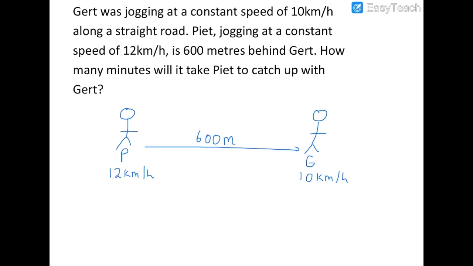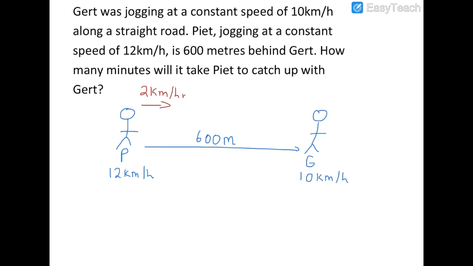Now, relative to Gert, Pete seems to be approaching Gert at a rate of 2 kilometers per hour. This makes our calculation easier, because Pete will cover this distance of 600 meters at a rate of 2 kilometers an hour.